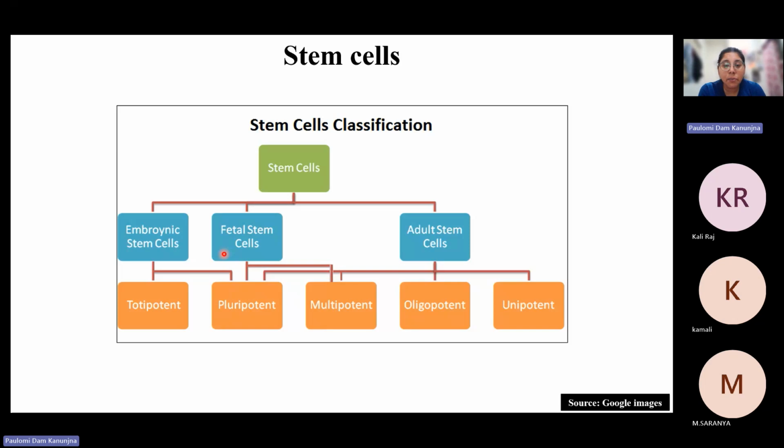So what is multipotent? What is the difference between pluri and multi? Now, multi is basically those stem cells that can produce multiple cell types, of course, but within a specified lineage. Okay, so when you give the name to the stem cells, say hematopoietic stem cells or mesenchymal stem cells, these stem cells can then only give rise to cells which are for that particular lineage.